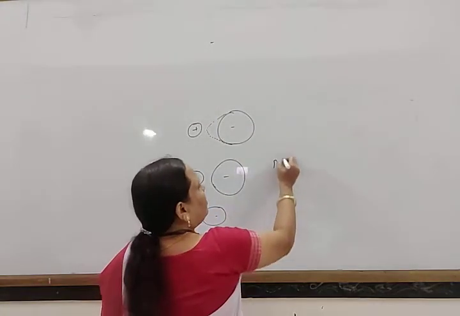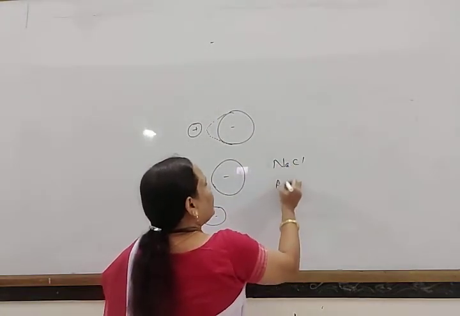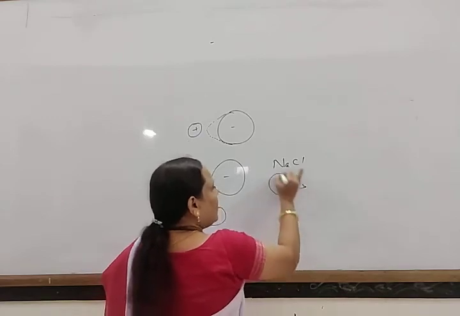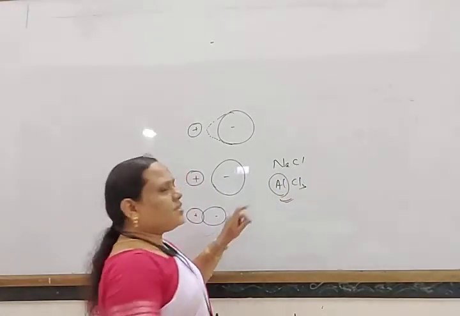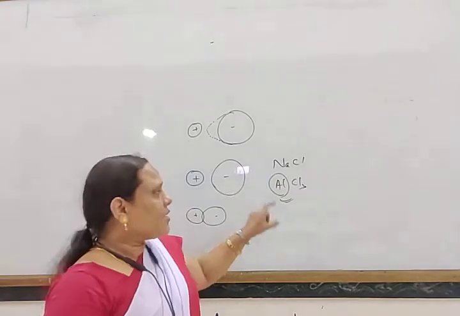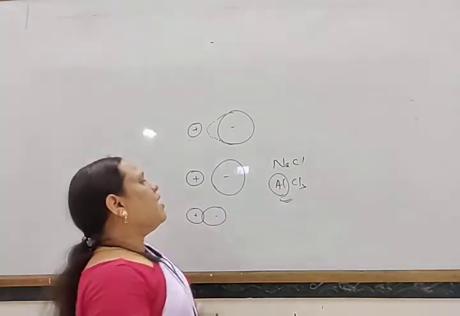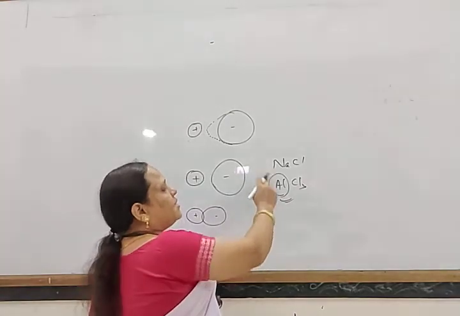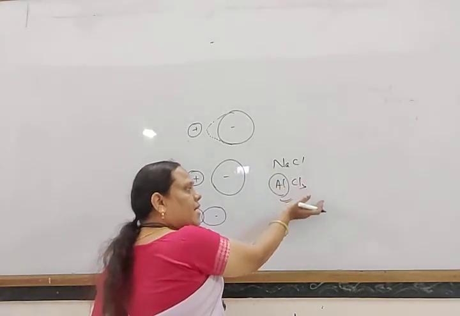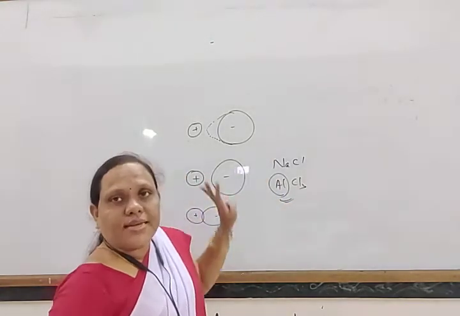If we consider NaCl and AlCl3, AlCl3 is covalent because Al3+ has a smaller cationic size than Na+. So it polarizes the chloride ion more than the Na+ ion does.